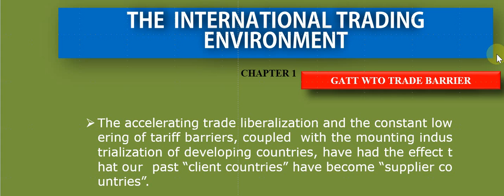The subtitle is the acceleration of trade liberalization and constant lowering of tariff barriers, meaning that the tariff is a tax imposed on a product, or a service, whatever, when it jumps into another country, compensated by money and payment.